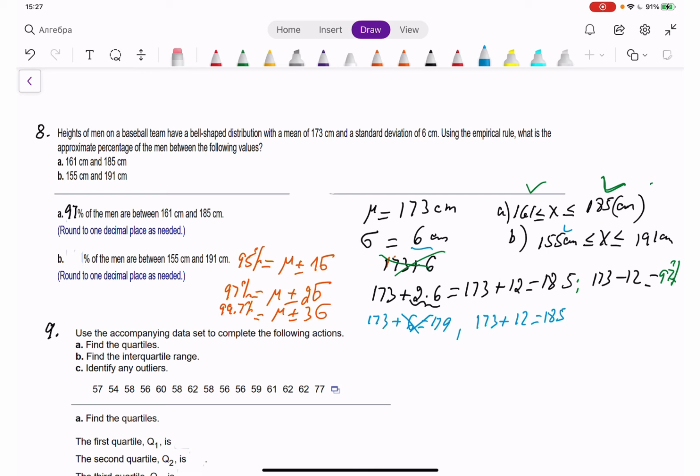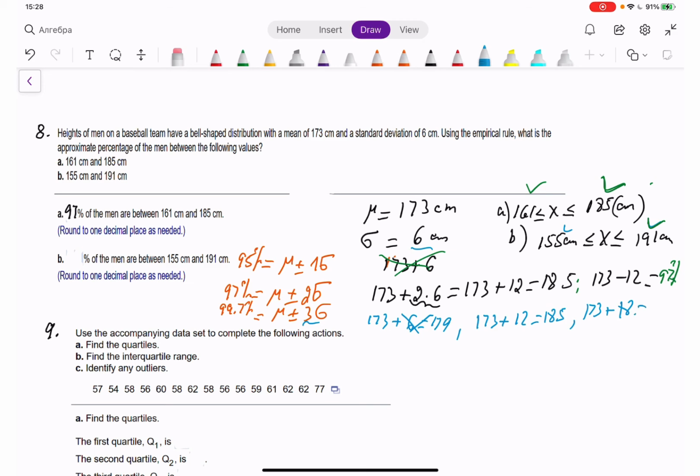And last one, 173 plus 18, 6 times 3, 3 standard deviations, 18. So 173 plus 18, we are getting 191. Okay, bingo. It fits, 191.